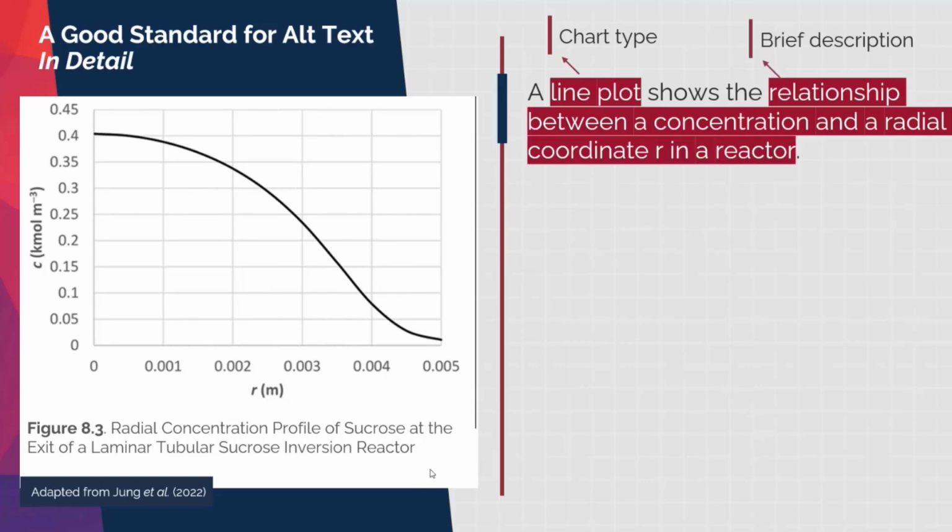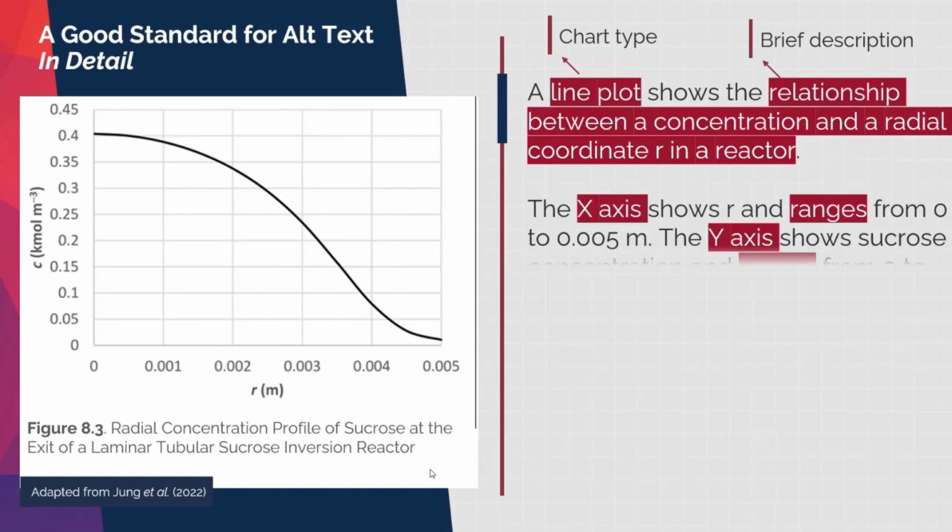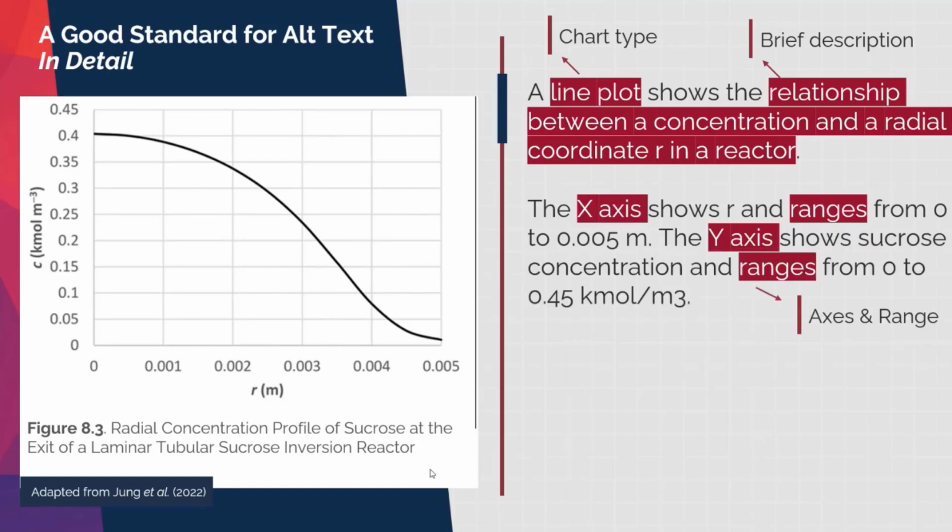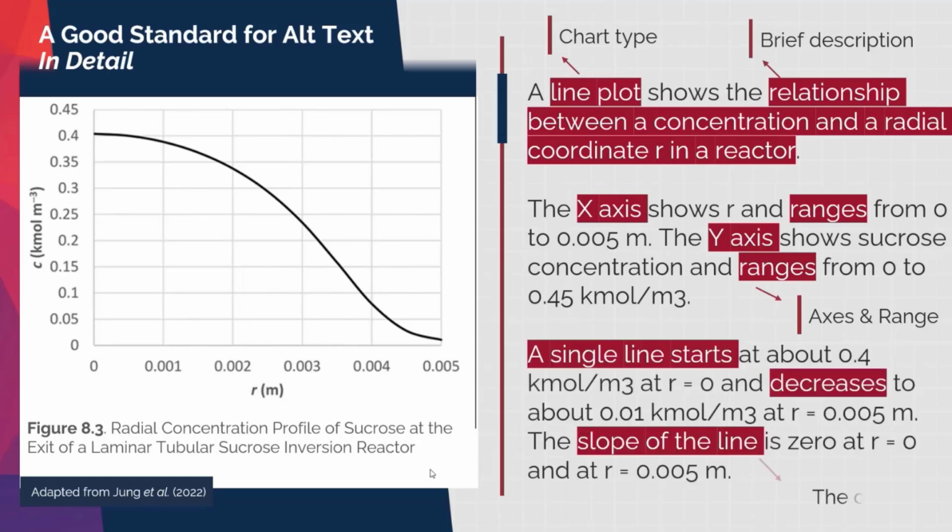You can see a line plot, and we describe the relationship happening in this line chart, a very brief description. Then the axes and range are described, the x-axis, the y-axis, and how far they reach to. And then the data trend is described, the sort of detailed substance of the visualization.